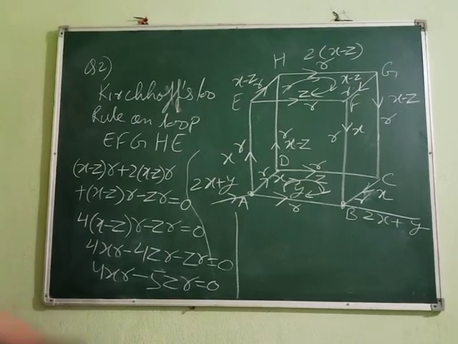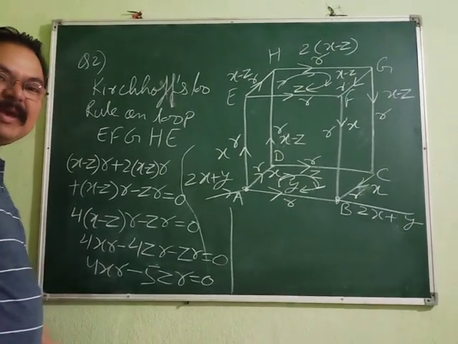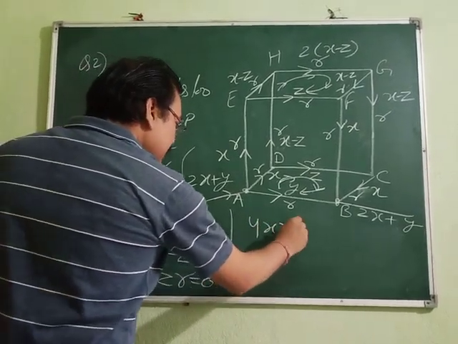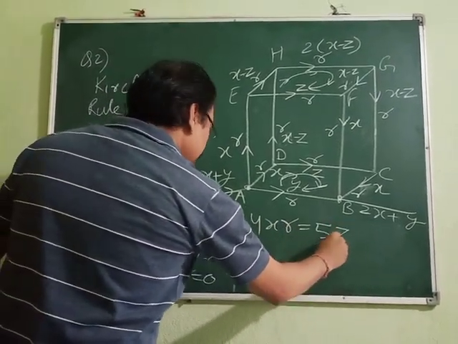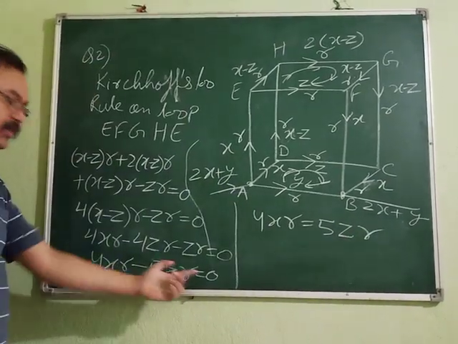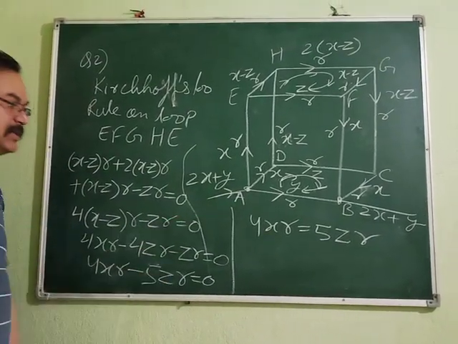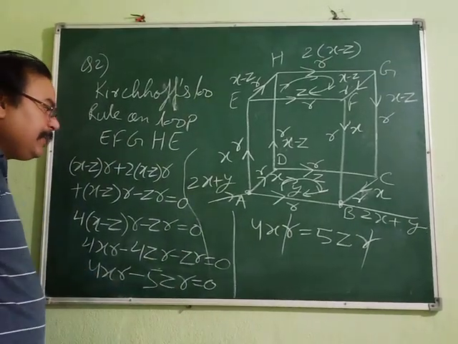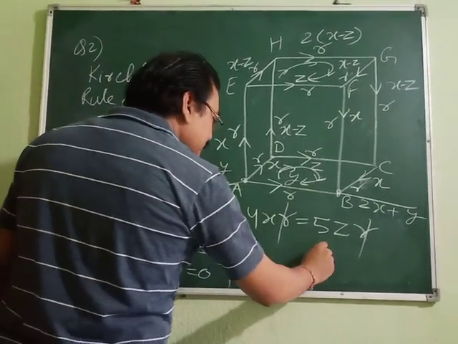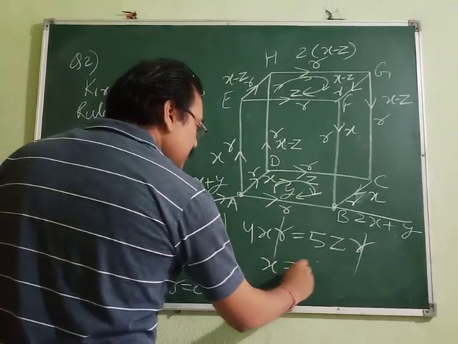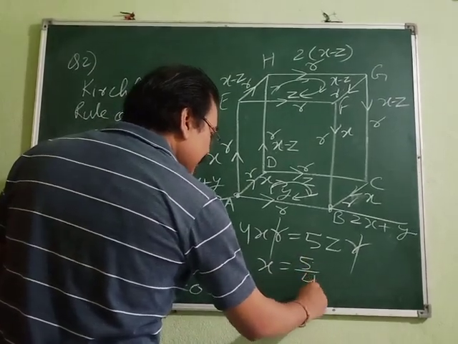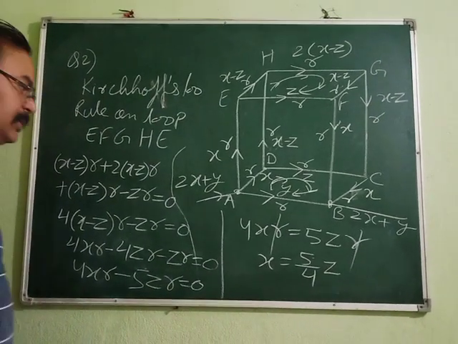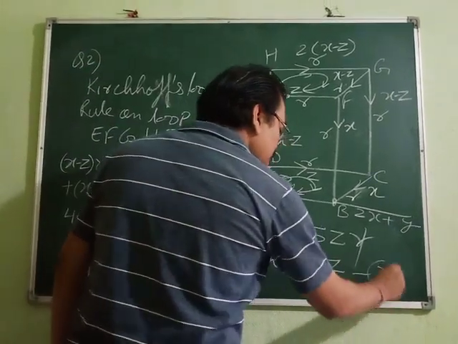So we write 4XR is equal to 5ZR. Now R can be cancelled. So from here we get X is equal to 5 upon 4 Z, and that is our equation number 2.